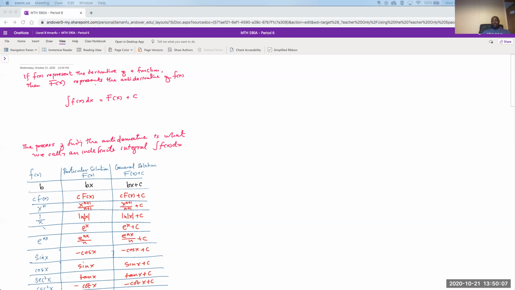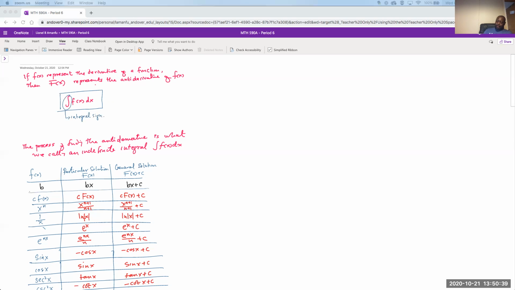All right. So the way we write this mathematically is, let me get rid of this first. Now let's discuss what's going on here. So what this is saying is that this elongated S that you see here is called the integral sign. All right.